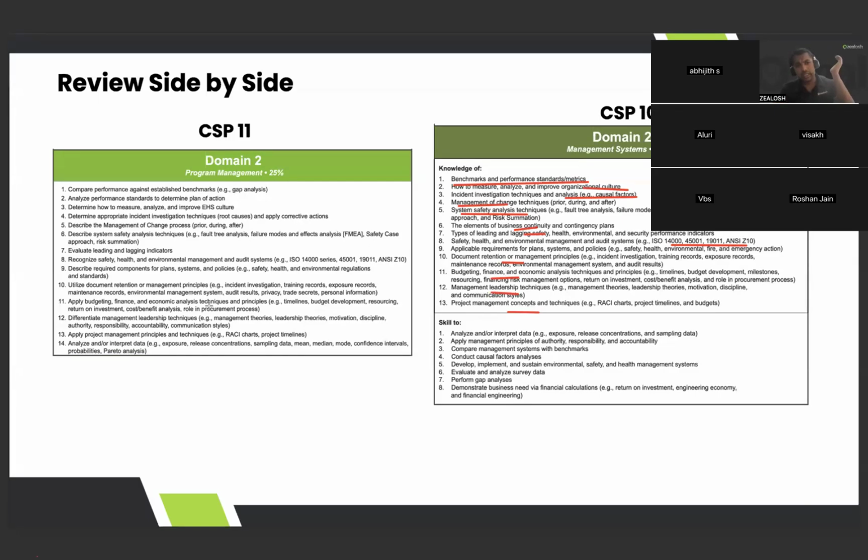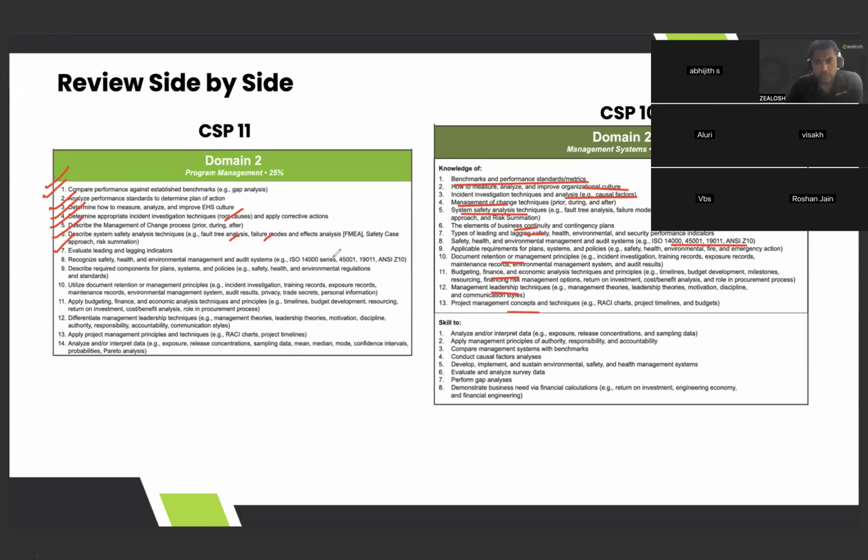The same thing is taken here and put inside here. If you see here, compare performance against established benchmark. It was there in previous domain 2. Performance standard and determine plan of action. How to measure, analyze, and improve the culture, safety culture related questions. Then root cause analysis, corrective action, immediate cause, direct cause, indirect cause, basic cause related questions, MOC related questions, system safety analysis like fault tree analysis, FMEA, safety case approach, same thing, leading and lagging indicators.